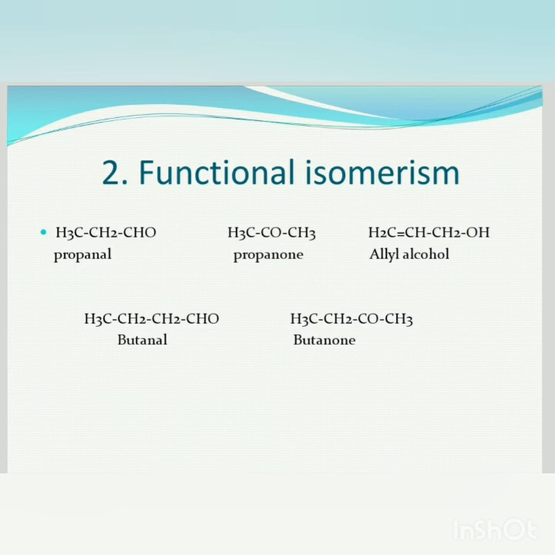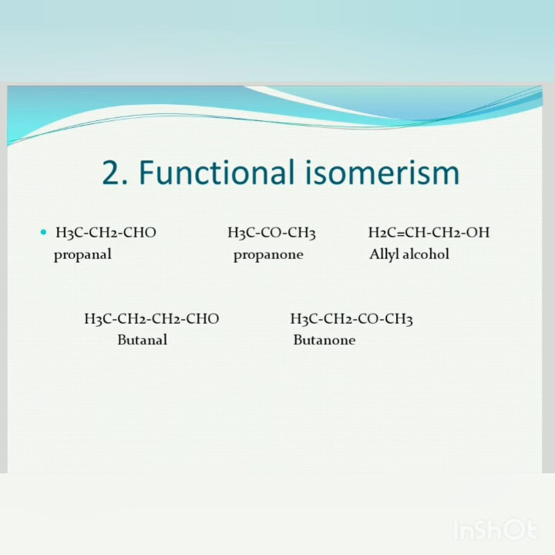So here the examples are propanal, propanone and allyl alcohol. The common formula is C3H6O. In propanal we have C3H6O, in propanone also C3H6O, and in allyl alcohol also C3H6O.